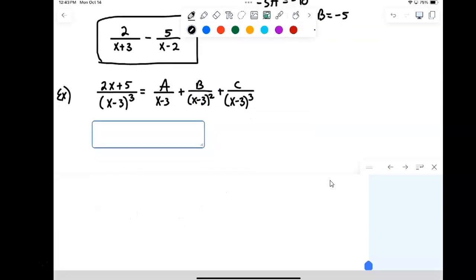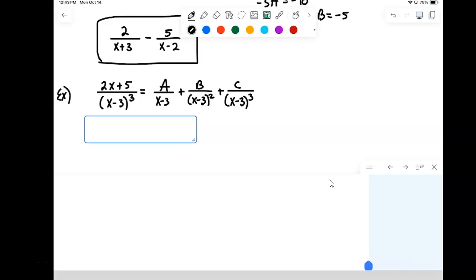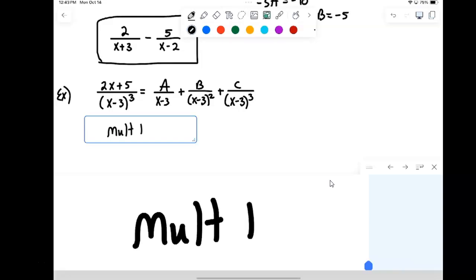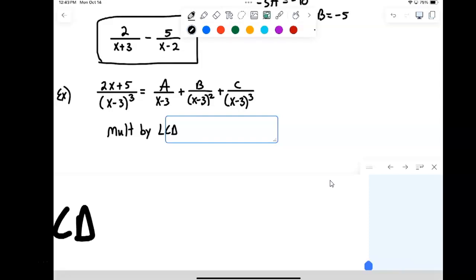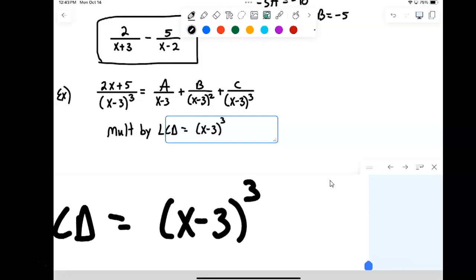And so then we multiply by our common denominator. All right, this is the first step, setup. And then we multiply by the LCD, which is just going to be (x − 3) to the third.